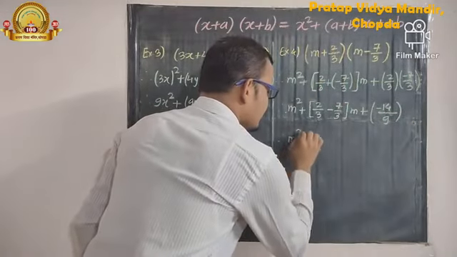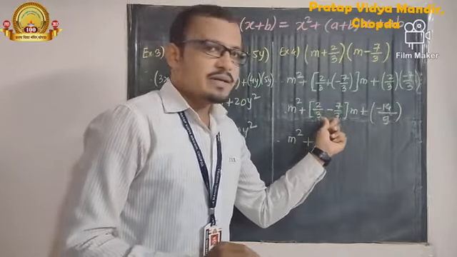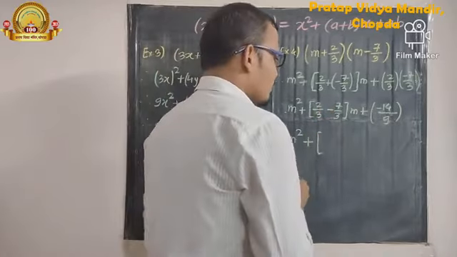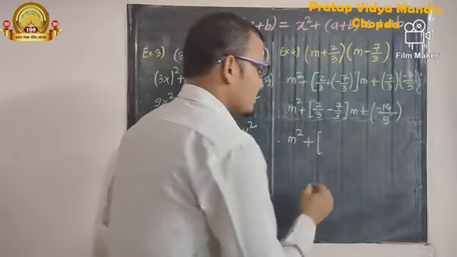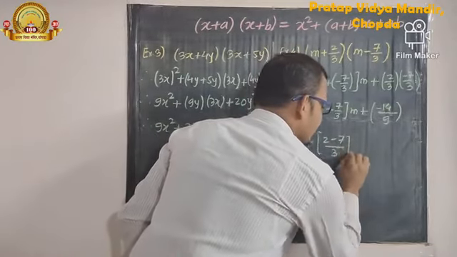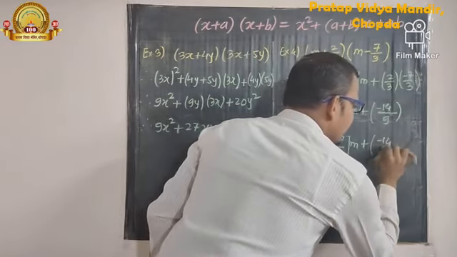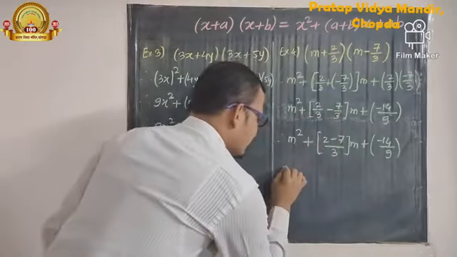Therefore m square plus, now here denominators are same, so we have to just subtract their numerators, that is 2 minus 7 upon 3 into m plus minus 14 upon 9 as it is.